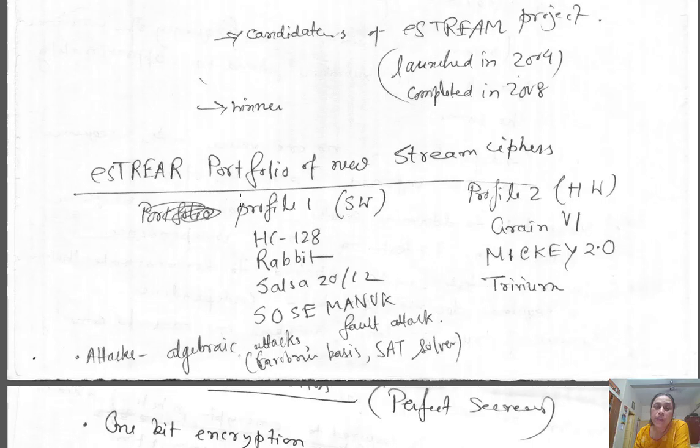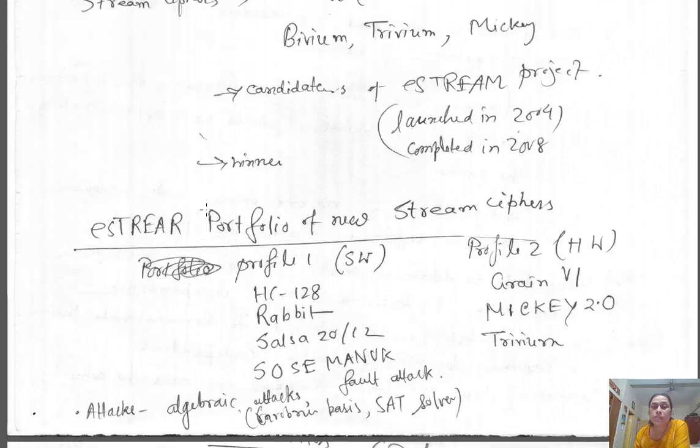So there are two areas people work in: one is the designing part, and another is the analyzing part, the cryptanalysis part. It is not sufficient only to design a stream cipher or block cipher. You also have to argue whether it is secure against existing known attacks.